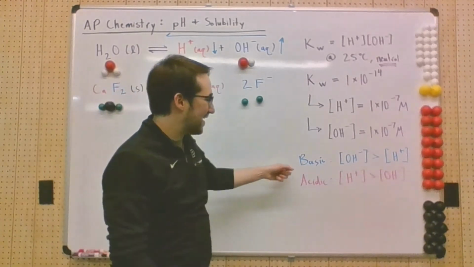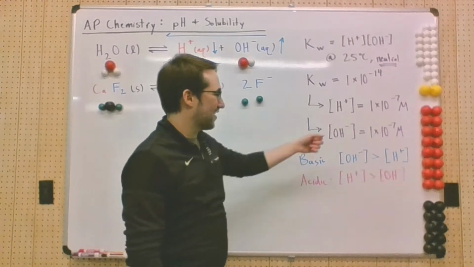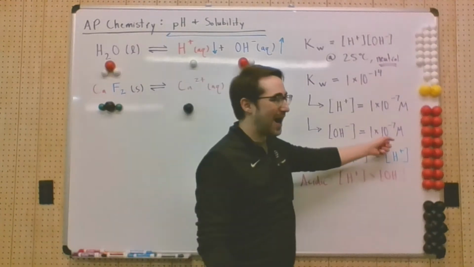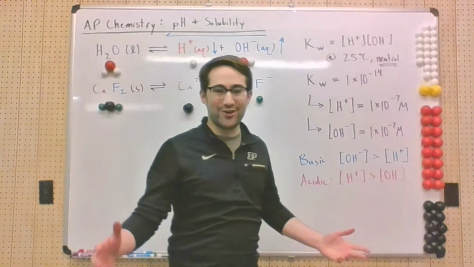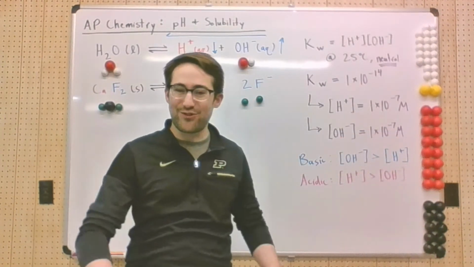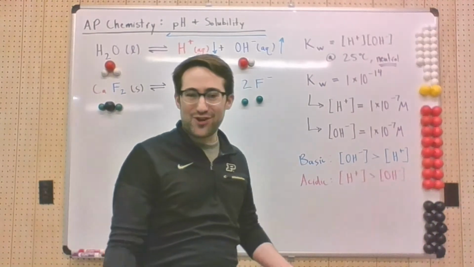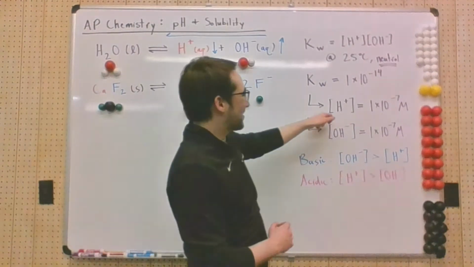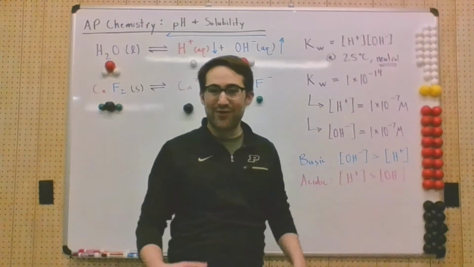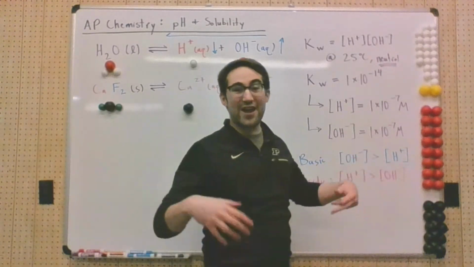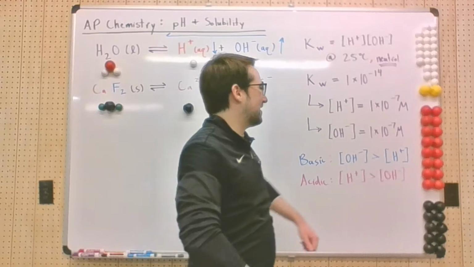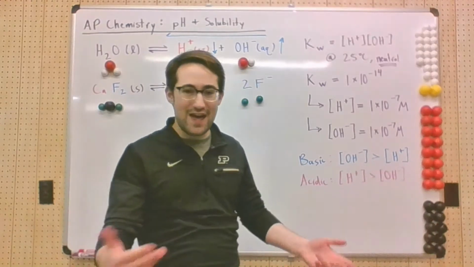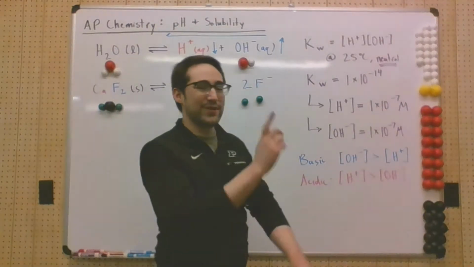So if I have a basic solution, then my concentration of OH minus is going to be higher than this. Okay, that means your exponent's going to be smaller, something like 10 to the negative 5th or 4th or 1st or something like that. Whereas my H plus concentration would go the opposite way. It would get to be a smaller number, which means a bigger negative exponent, like times 10 to the negative 10 or 11.